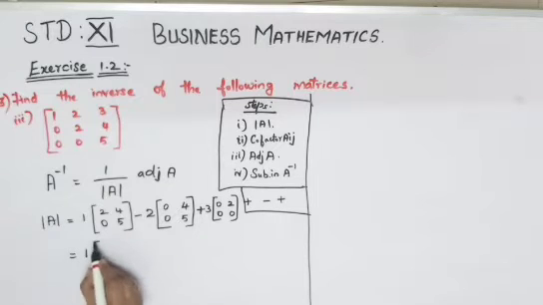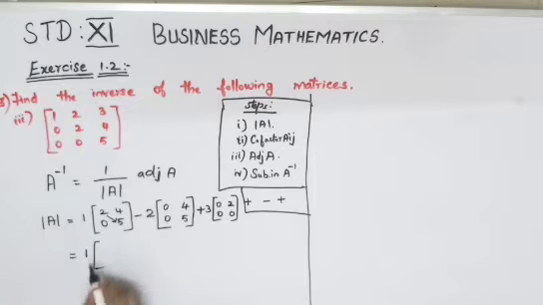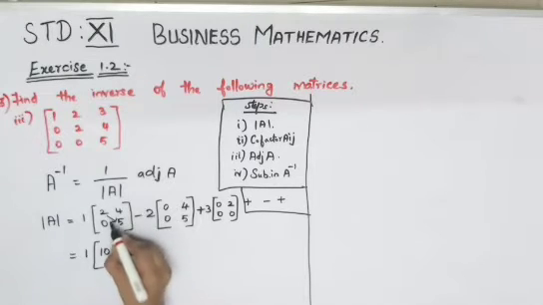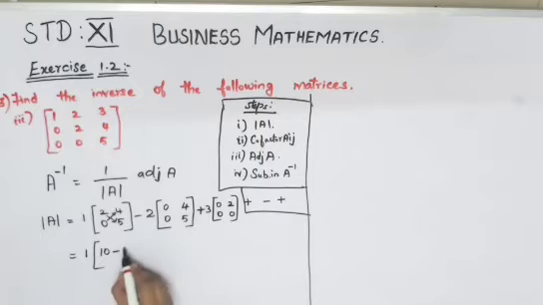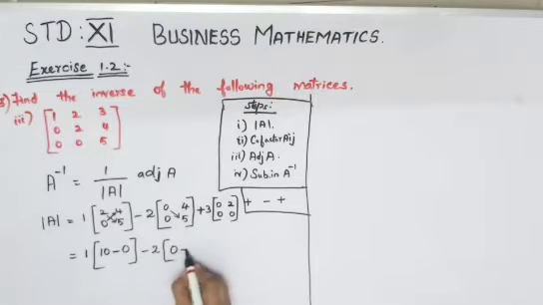So 1, this multiplication I have told you, diagonal multiplication: 2 5s are 10, minus these two numbers you have to multiply, 0 4s are 0. Then minus 2 into, 5 into 0 is 0, again minus 0 into 4, again it is 0.